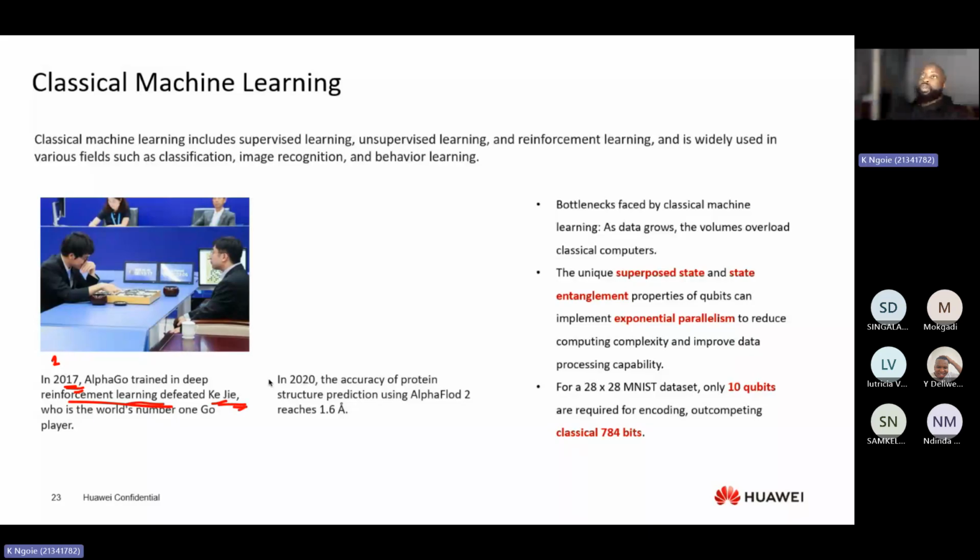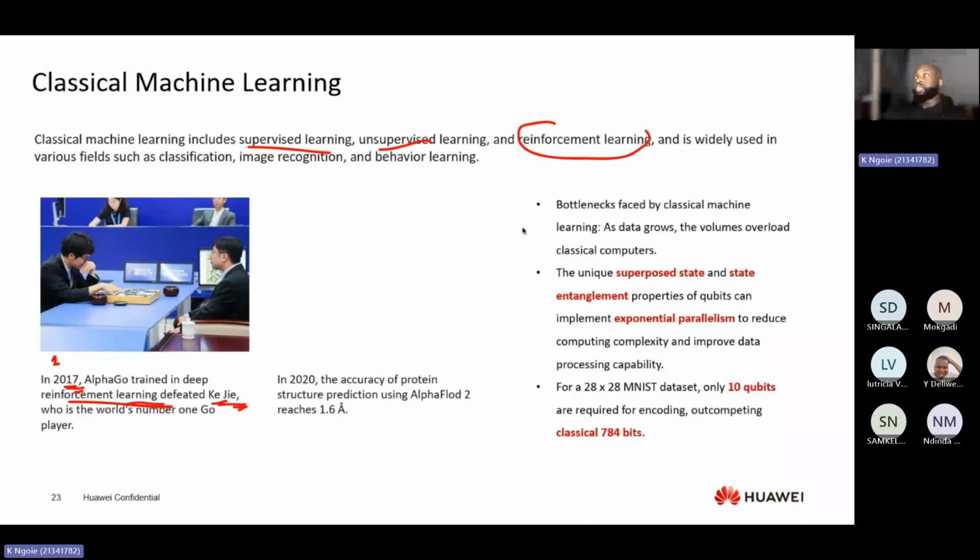Okay, so when we're looking at that, now we look at this classical machine learning, which has created this. We didn't really need quantum computing to create this type of scenario, because it was just supervised or unsupervised learning, using reinforcement learning. We use reward and punishment to let the game play against itself like 1,000 times and learn about different patterns.